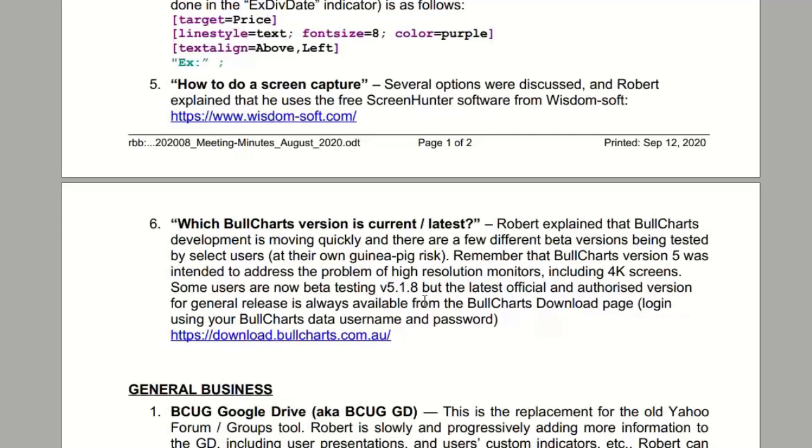Now, don't rush out to get the latest one. If what you're running currently is version 5.1.4 or better, stay with it for the time being. Other versions since then are considered beta versions and not yet ready for broader implementation. So just be a little bit careful about that.